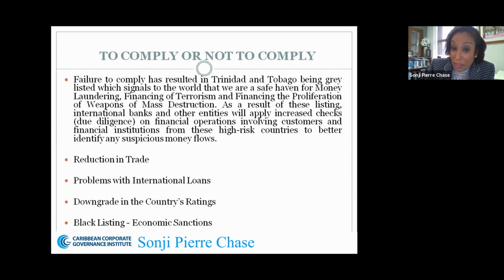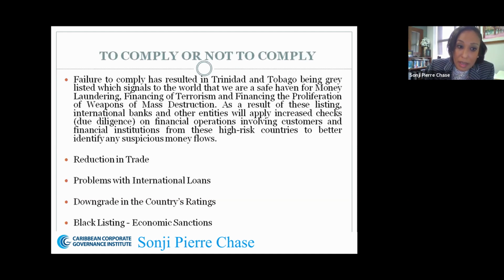So our failure to comply with these recommendations signaled to the world a perception that we were indeed a safe haven for money laundering, financing of terrorism and financing the proliferation of mass destruction, something we don't want. It may not have been a reality, but just by the mere fact that we did not implement these 40 recommendations effectively, this is what it signaled to the world.